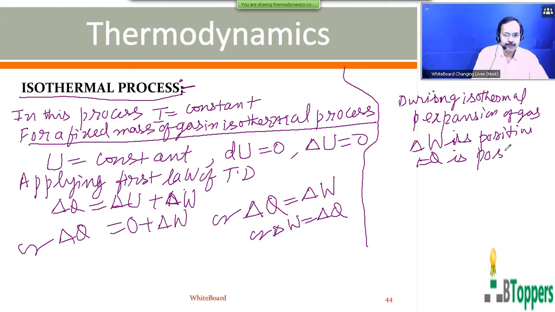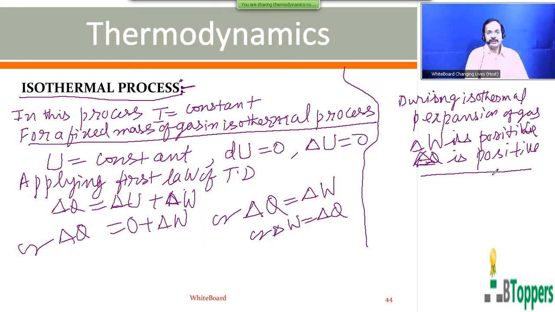If delta Q is positive, it implies that heat energy is absorbed by the gas from surroundings. So during the isothermal expansion, work is done by the gas and exactly the same amount of heat energy is absorbed by the gas from surroundings, so that internal energy of the gas remains constant.